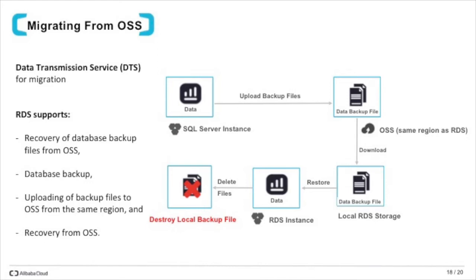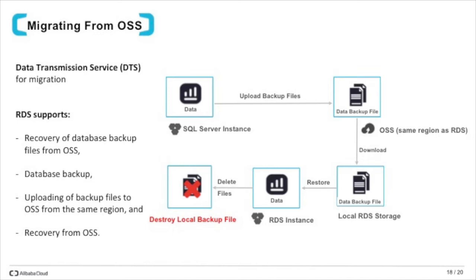RDS supports recovery of database backup file from OSS. Database backup first. Upload the backup files to OSS from the same region as RDS. Same region. And recover from the OSS.